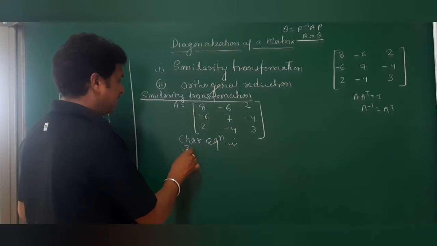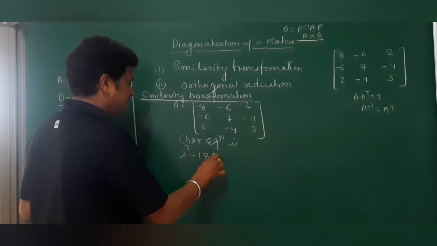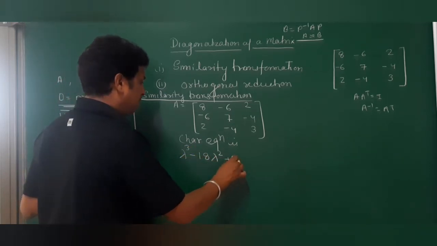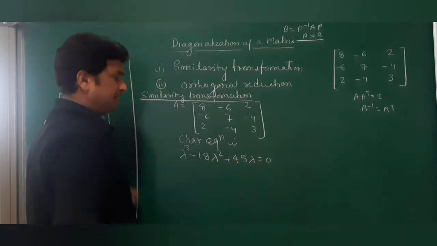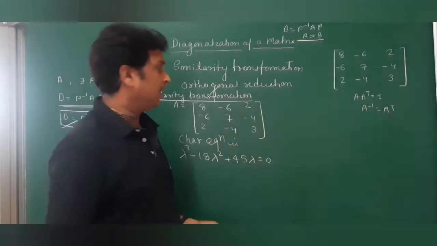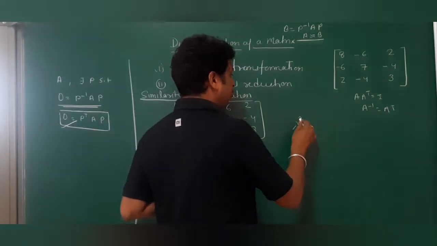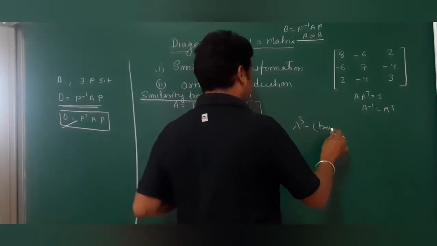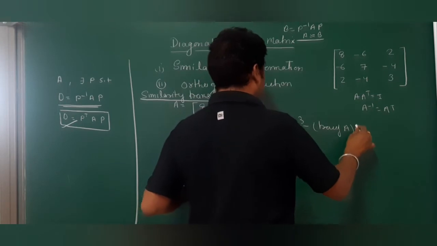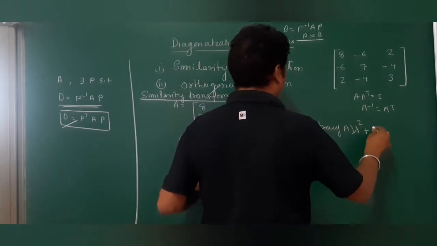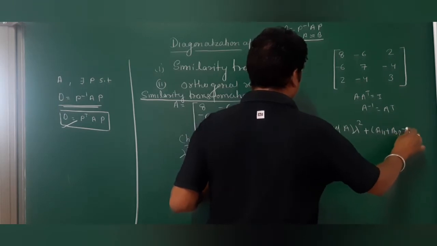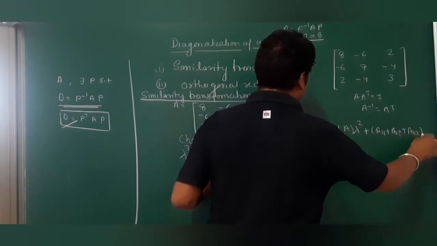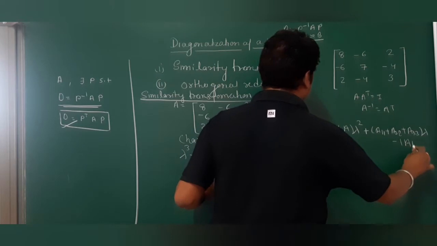So it is lambda cube minus 18 lambda square plus 45 lambda, which you can do easily. You know the formula: lambda cube minus trace of A into lambda square plus (a11 a22 plus a33 minor sums) into lambda minus determinant of A is equal to 0.